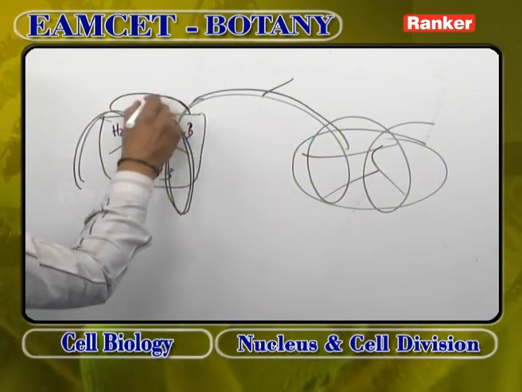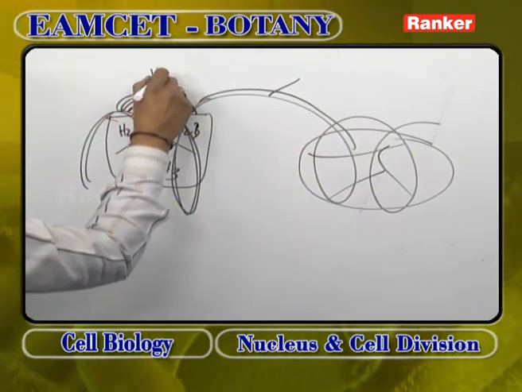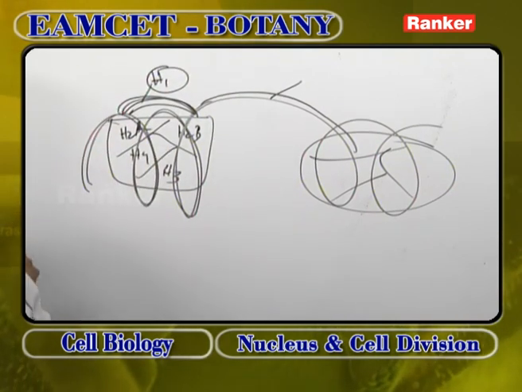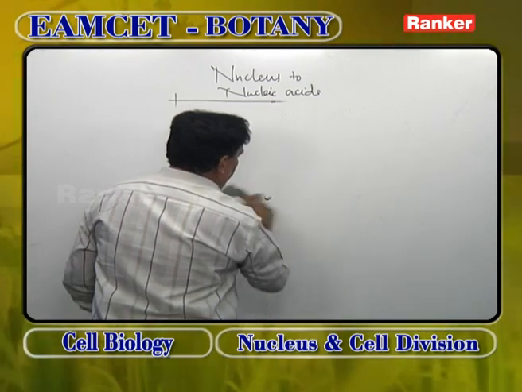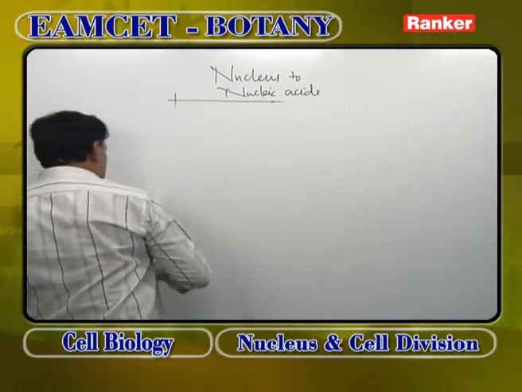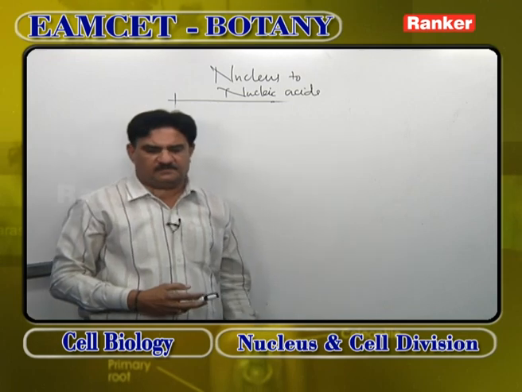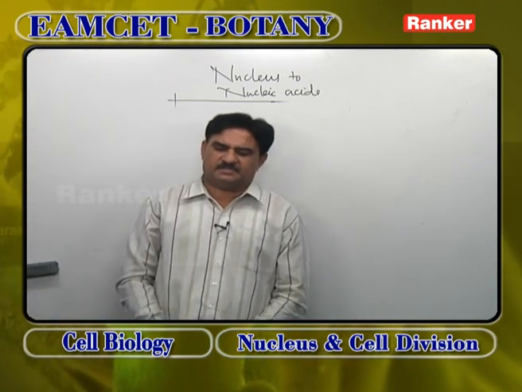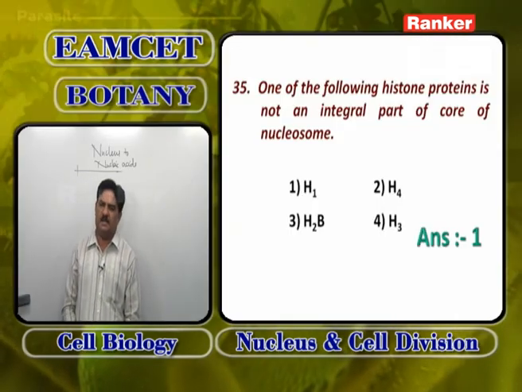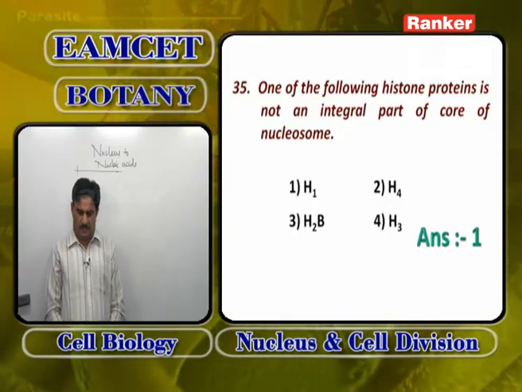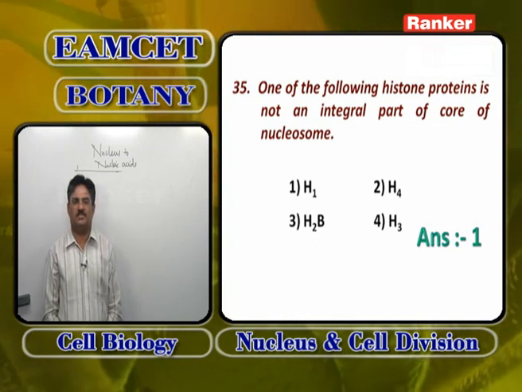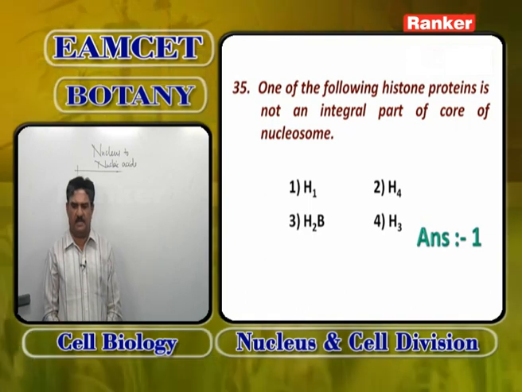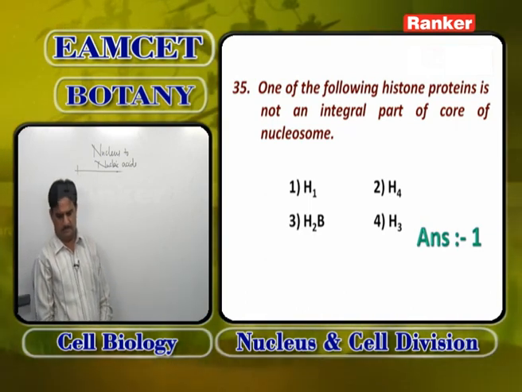Wherever DNA is entering and coming out, a special protein is present on the outside which is called H1 protein. So the histone protein which is not forming the central core of the nucleosome is H1. H1 protein is not an integral part because H3, H4, H2A, H2B are found in the integral part of the nucleosome.